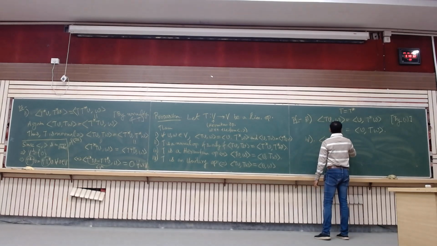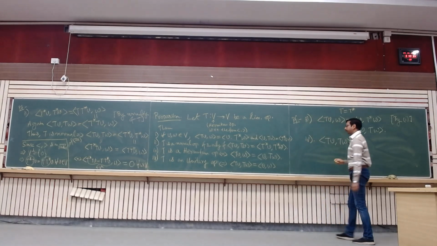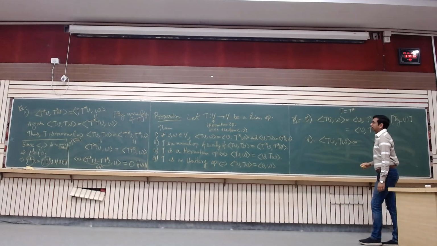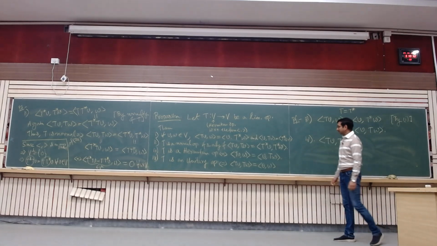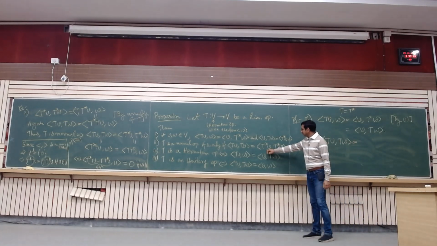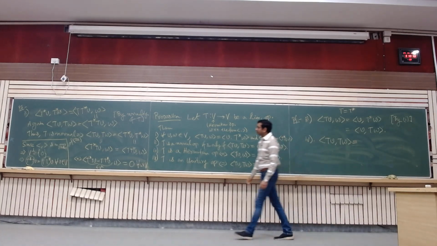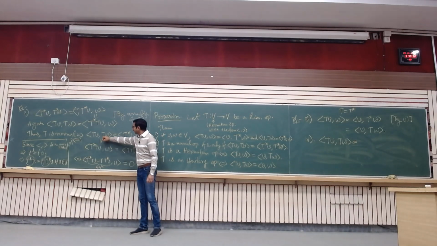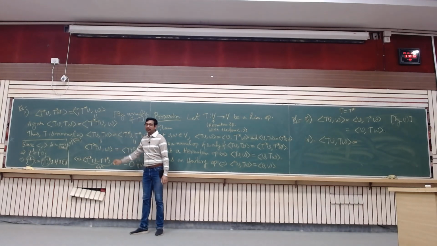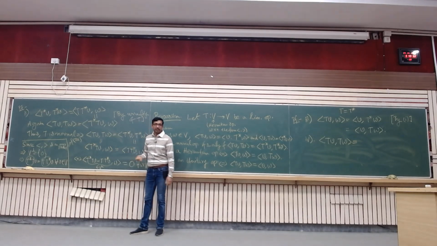So TV TW. Well, now which one are you going to use? If you use this one, then you are just getting T star, right? But you can use the step in between. Here we did something, right? TV TW is equal to T star T V comma W. And that was proved for every linear operator, right?